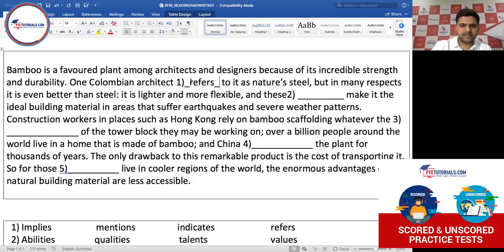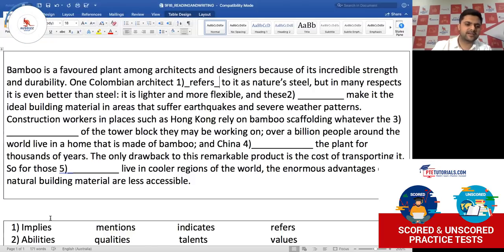Now we are looking for a word that talks about these dash. So what does the word these refer to? It refers to bamboo being lighter and bamboo being flexible. So bamboo is lighter than steel and bamboo is more flexible than steel. So the word these refers to being flexible and being lighter.